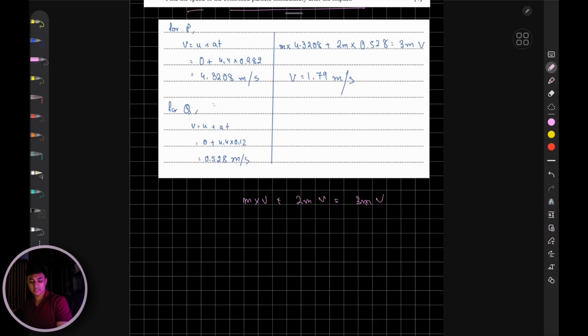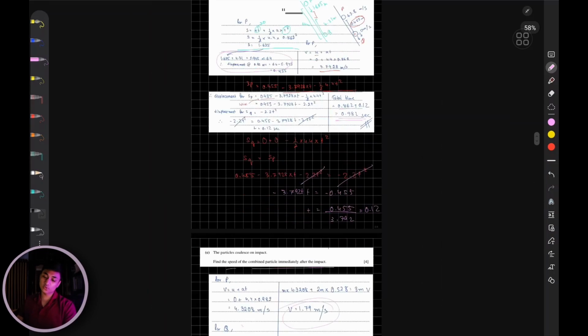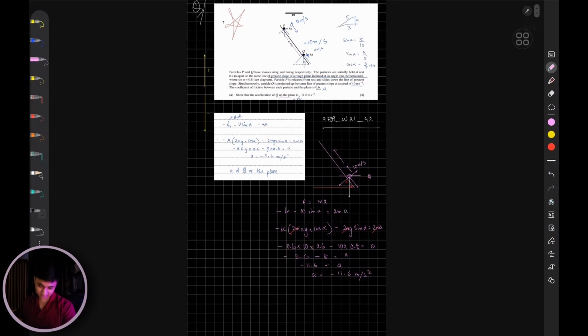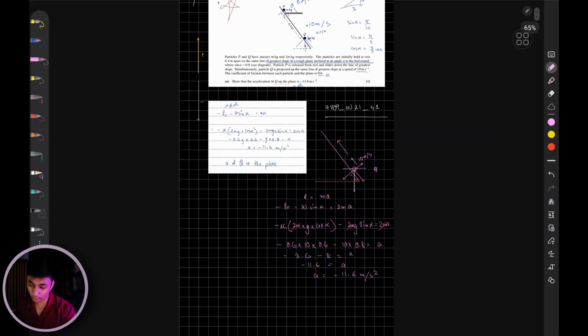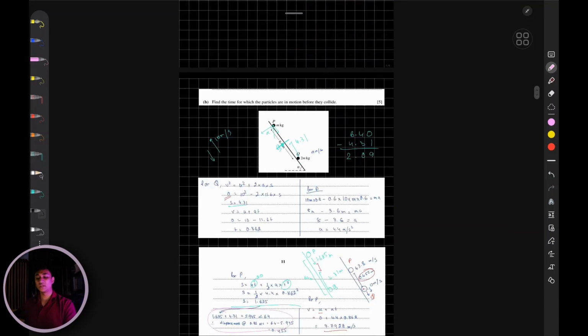So now cancel off all the m's and you're left with the velocity of the particles. And this velocity is going to be the velocity of both the particles since they're moving together. Okay, so that is going to be your question 7 from Winter 2142.